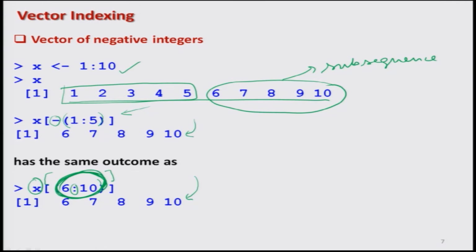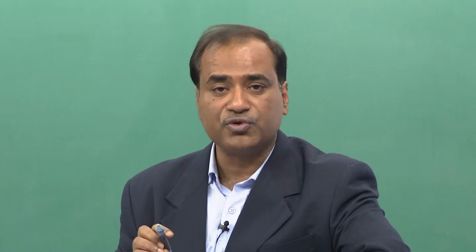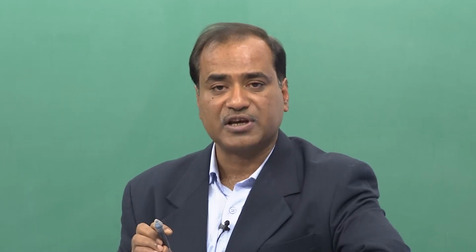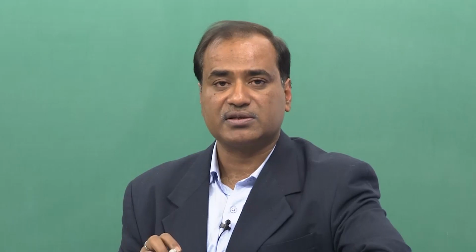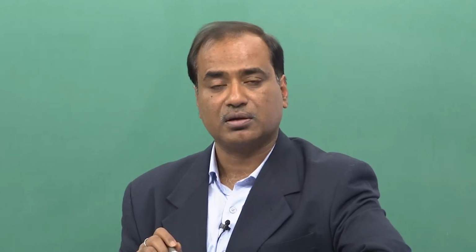Now, if you try to see what you have really learned from this operation, in case you put some sign, like a positive sign or a negative sign, inside the index, then the operation is affected.